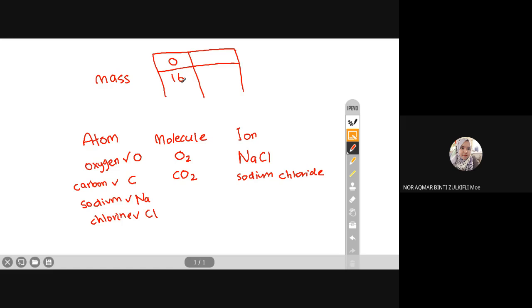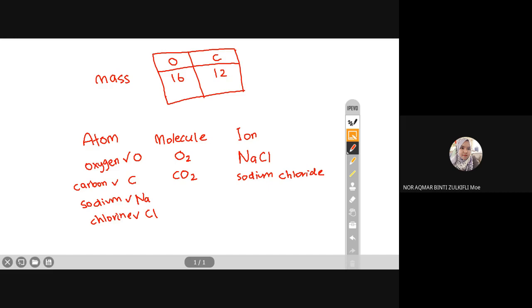Don't worry, the mass will be given to you. In the examination, they will give you oxygen is 16, and carbon is 12. So this is the mass.